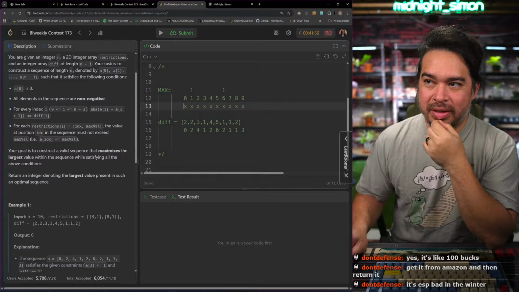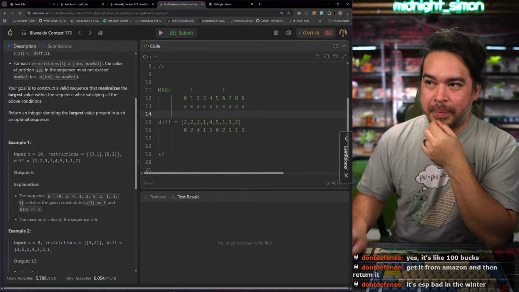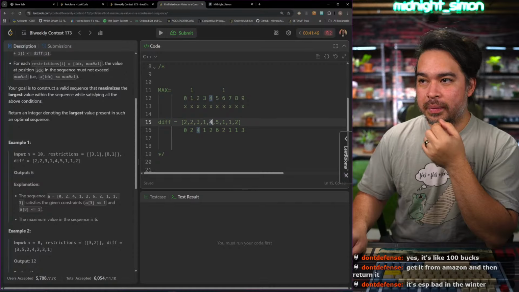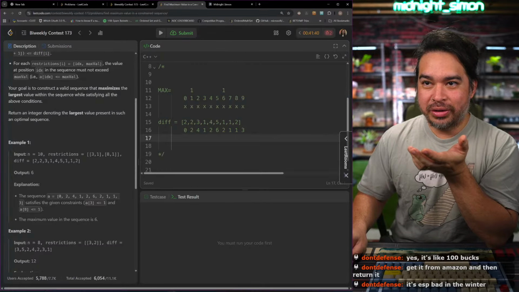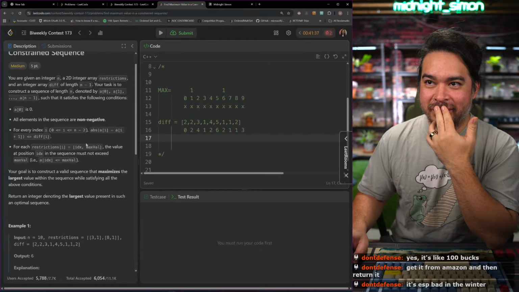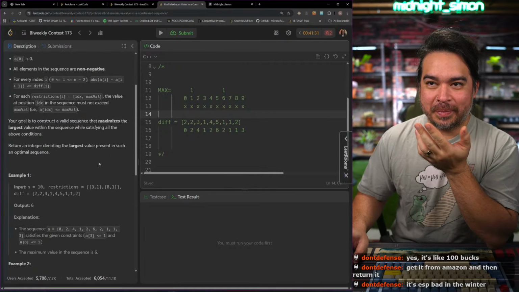I just know that these diffs are something. So the answer should be 6. That's the maximum value. How the hell do you do this, man? I don't even know where to begin.